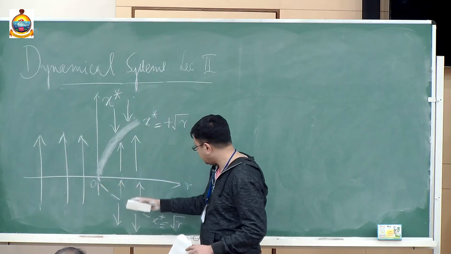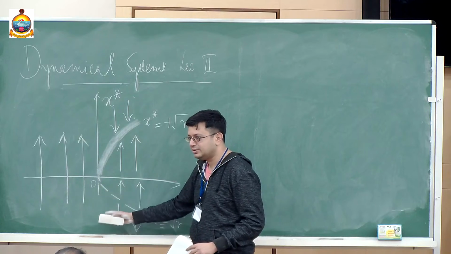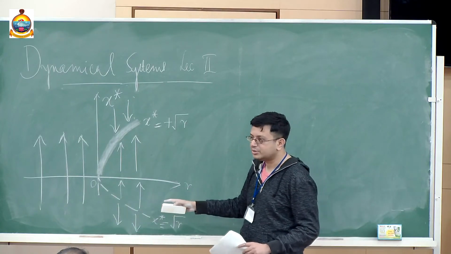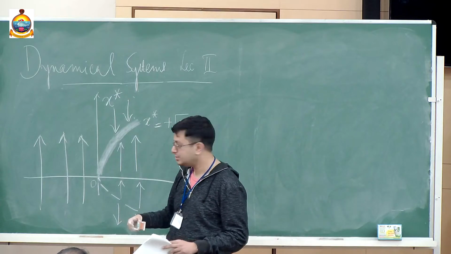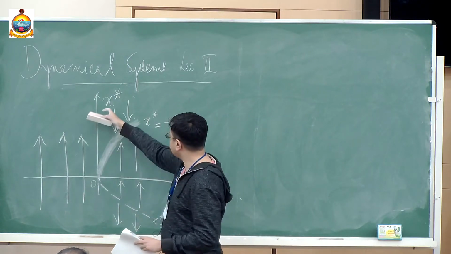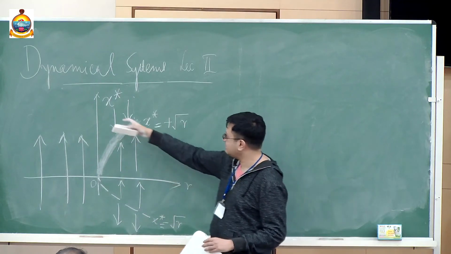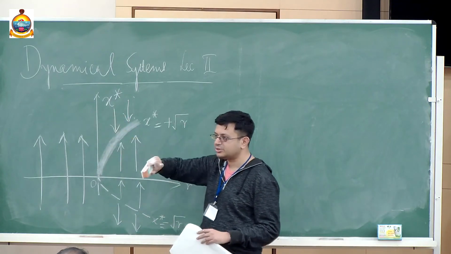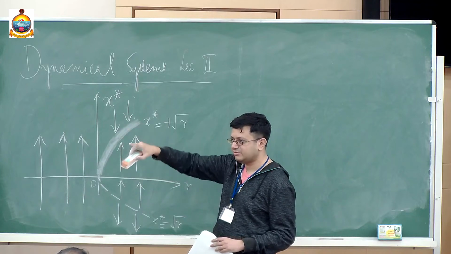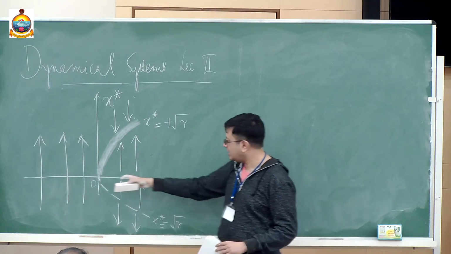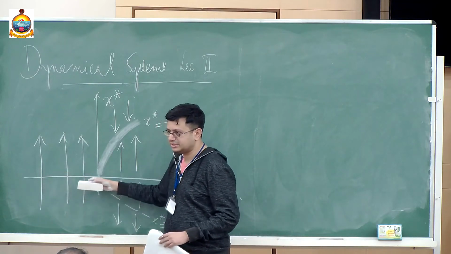No, but I am plotting x star as a function of R. So x star has got two solutions, plus square root of R and minus square root of R, only for R positive. For R negative, there is nothing.